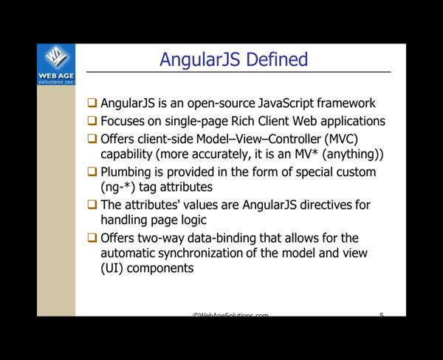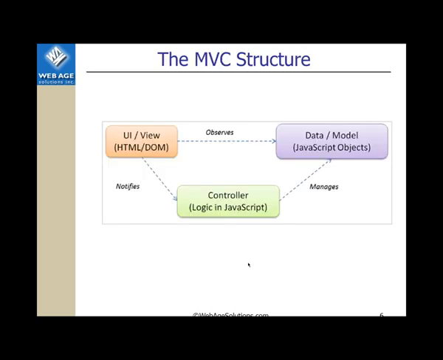Another interesting thing about AngularJS is that it provides the so-called two-way data binding. Two-way data binding is better understood when I show you some examples, some of the slides.